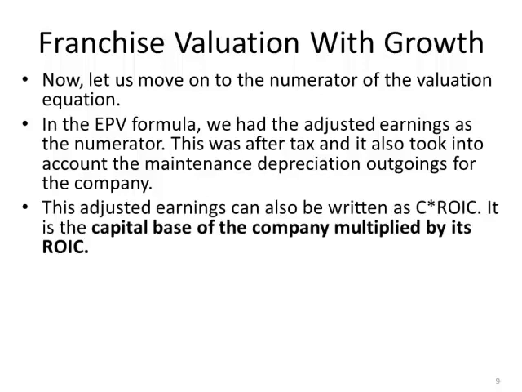And this adjusted earnings can also be written as C times ROIC, the capital base of the company multiplied by its return on invested capital. Why does this work? If you think about how much we earn, or what our adjusted earnings are, it's just going to be our capital times the return on that capital, and that tells us how much we're earning.